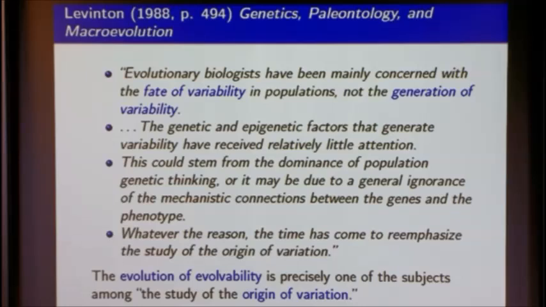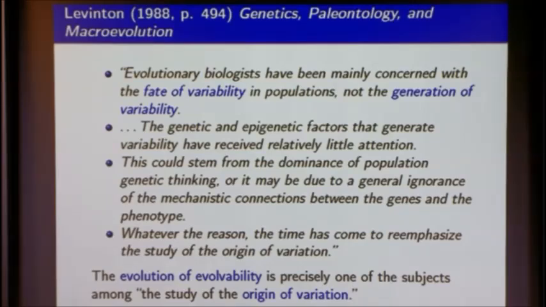The genetic and epigenetic factors that generate variability have received relatively little attention. This could stem from the dominance of population genetic thinking, or it may be due to a general ignorance of the mechanistic connections between the genes and the phenotype. Whatever the reason, the time has come to re-emphasize the study of the origin of variation. And so the evolution of evolvability is precisely one of the subjects among the study of the origin of variation.